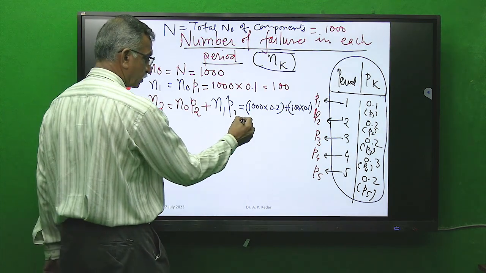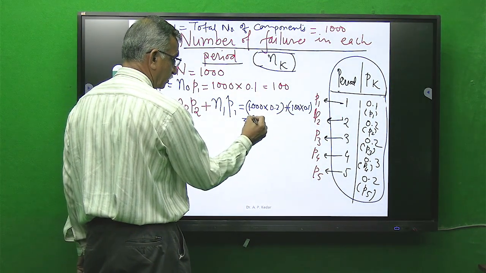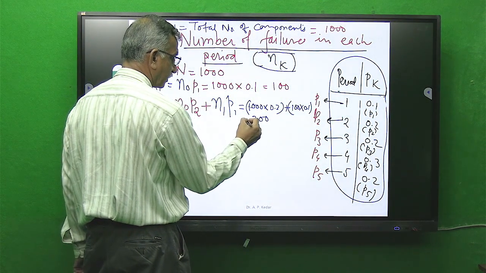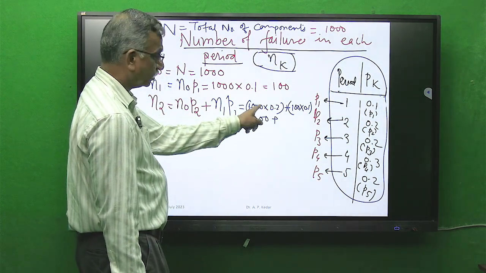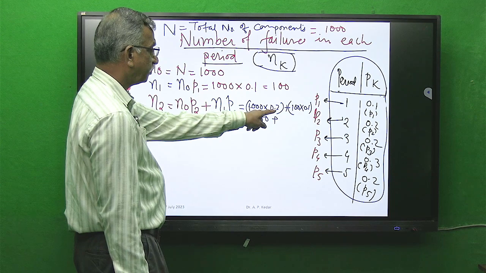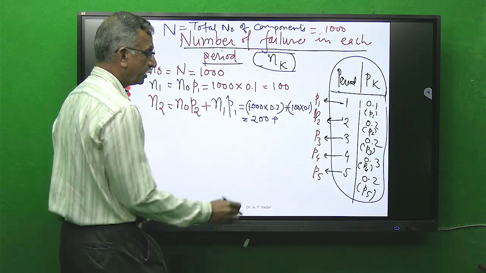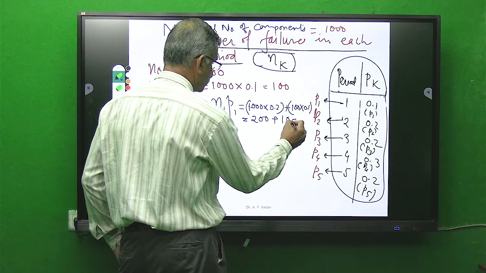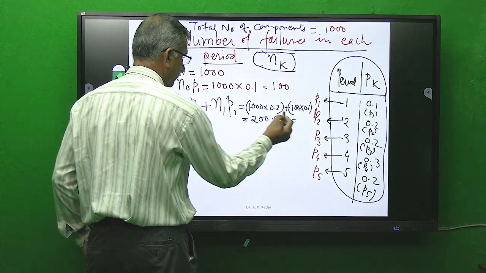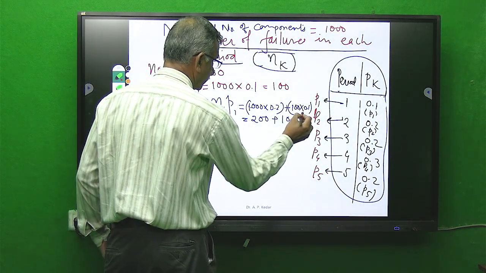So students, this comes to be 200, plus, 1000 into 0.2 is 200, plus this is 10, total replacement for second period is 210 items.